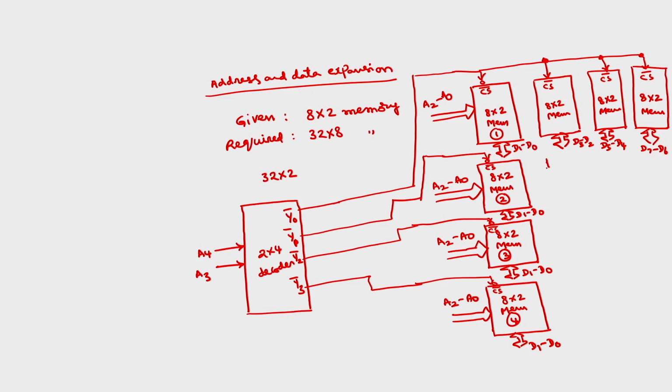Similarly, here also you have to connect 4 such chips whose chip selects have to be connected together. Here also we will have 4 whose chip select has to be connected together. Here also 4.